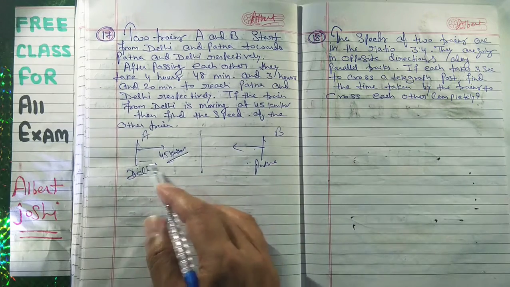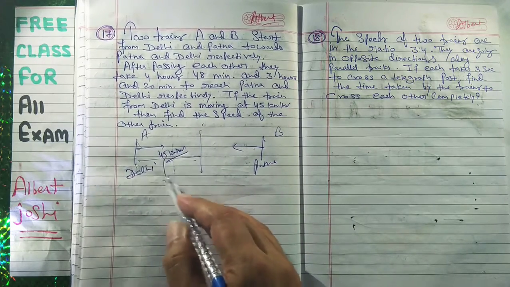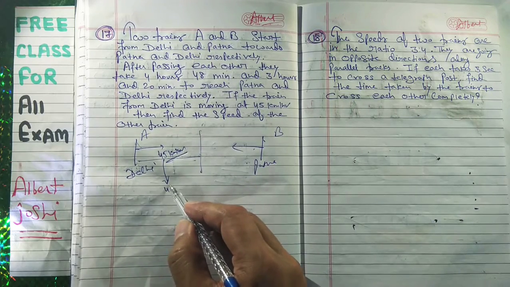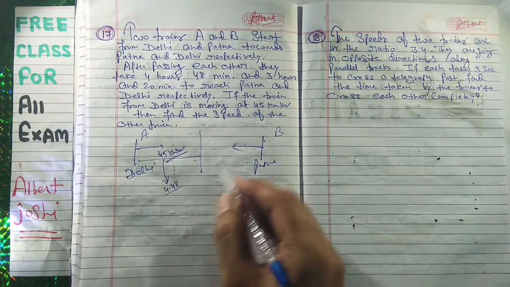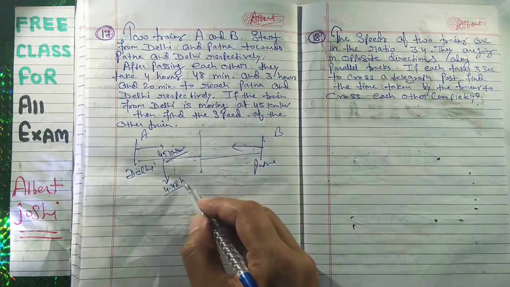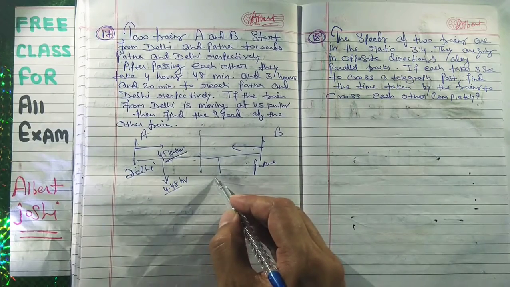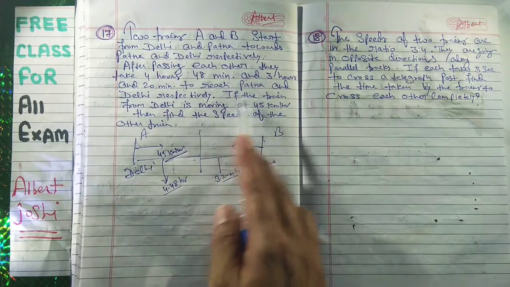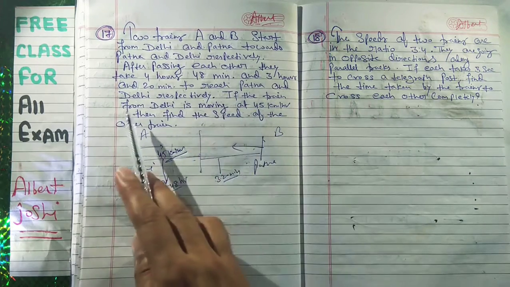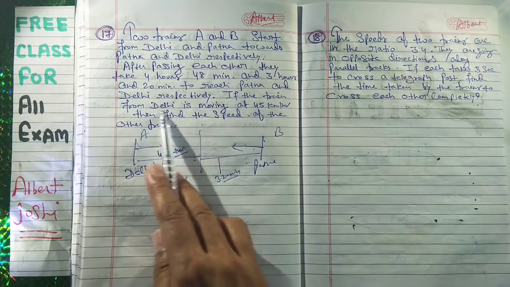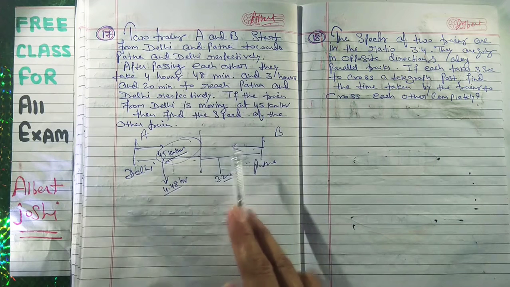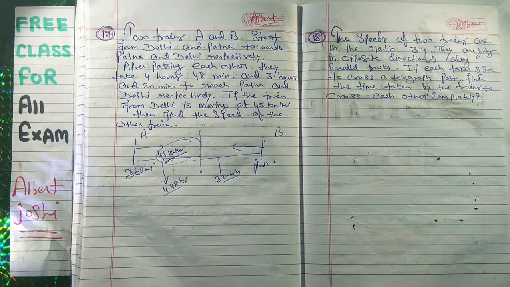It means they have given us the timing after they meet. So that is 4 hours 48 minutes, and this timing is 3 hours 20 minutes. Okay, they have given us, to reach Patna and Delhi respectively. If the train from Delhi is moving at 45 km per hour, what is the speed of the other? So I will not waste your time.